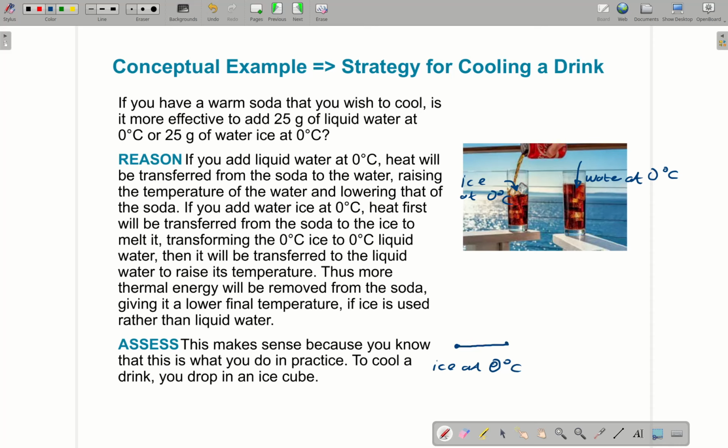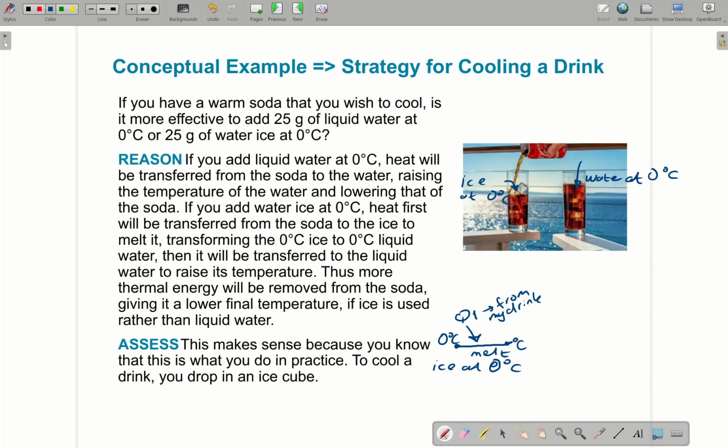Because if I put ice at 0 degree, first it will melt, right? It will stay at 0 degree, it will melt. It will take some heat from my drink. Q1 from my drink. And then now the ice is changing phase.